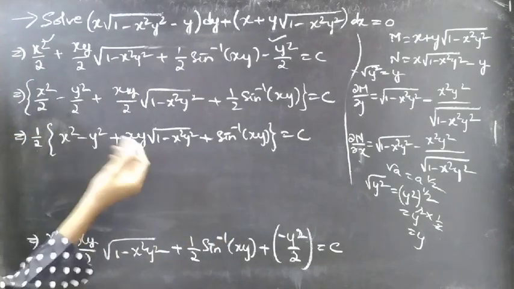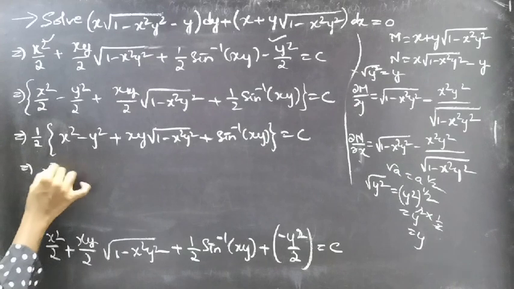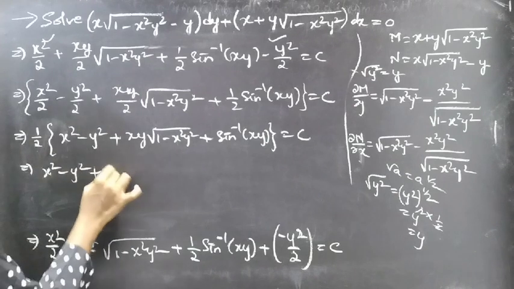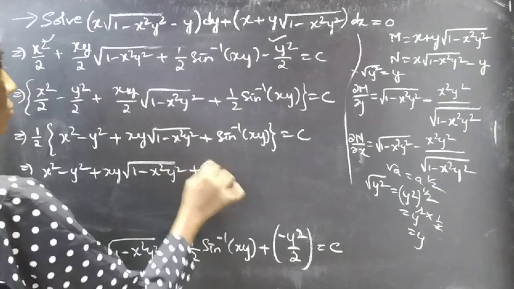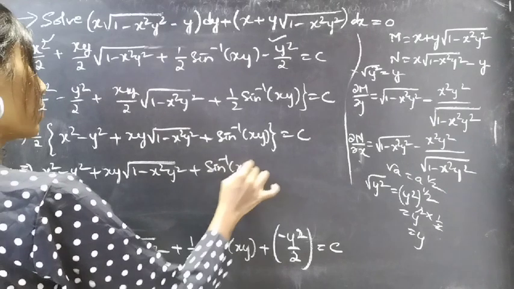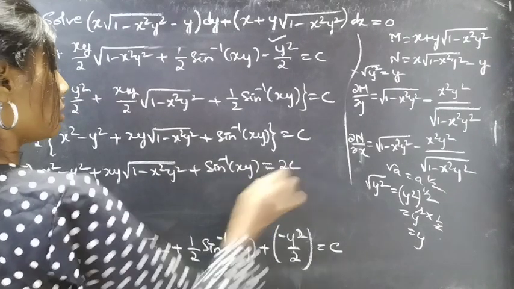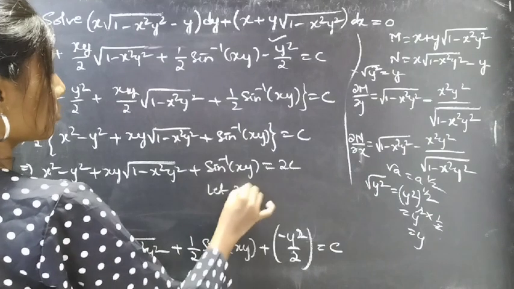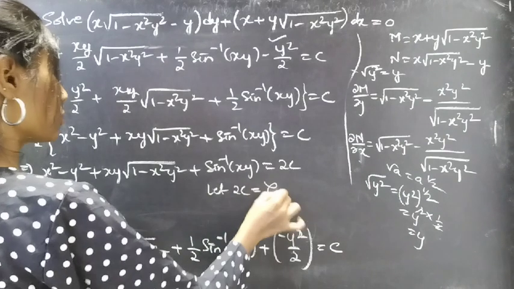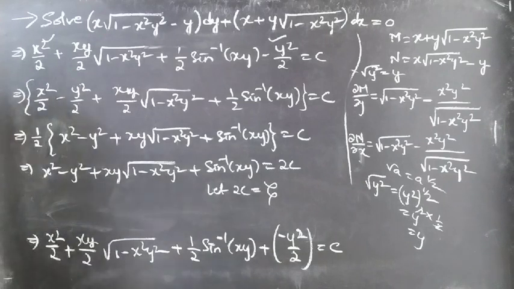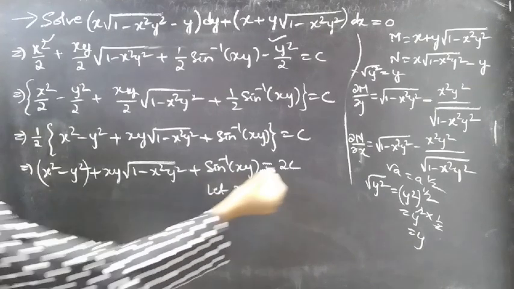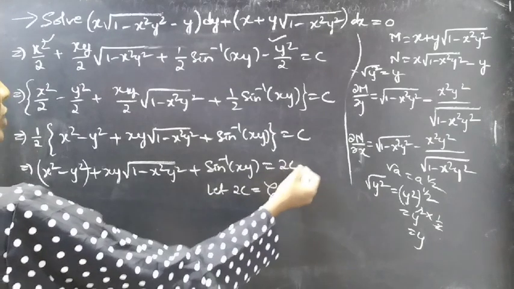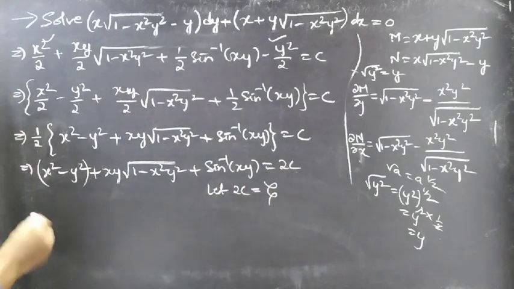Now take this 2 to RHS, we'll get x² − y² + xy into √(1 − x²y²) + sin⁻¹(xy) equal to 2c. Let 2c equal to some constant, say capital C or some k or something. Since c is an arbitrary constant, 2 is a constant, so you can write 2c as a constant, some c or k.